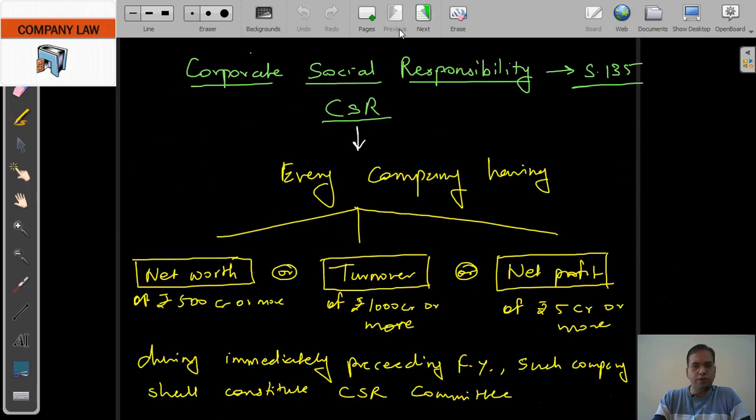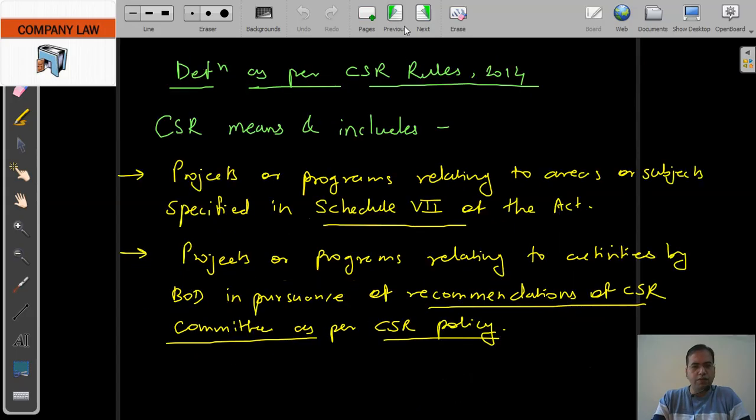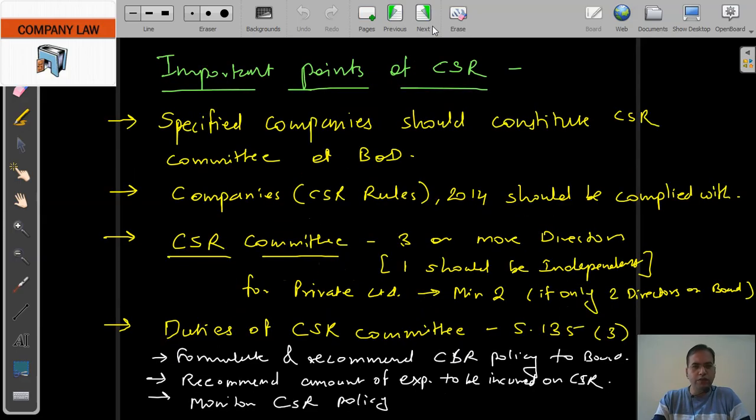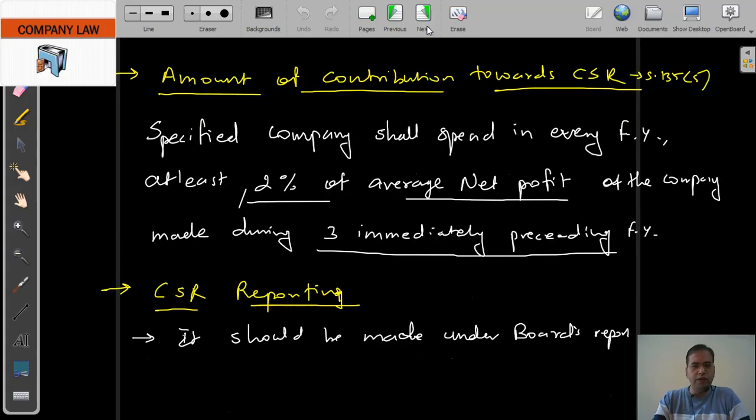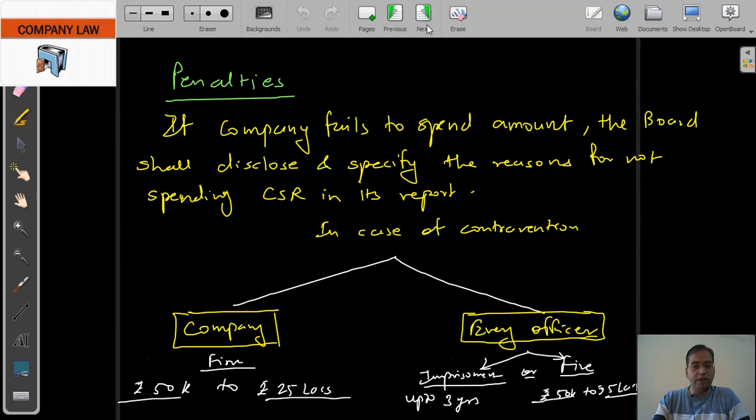We understood which types of companies are required to formulate the CSR policy and constitute the CSR committee, on which basis, then its definition, important points relating to the CSR, the contents and the duties of the board of directors, contents of the CSR policy, amounts of contribution towards CSR, CSR reporting, how it should be made, and penalties, very important.